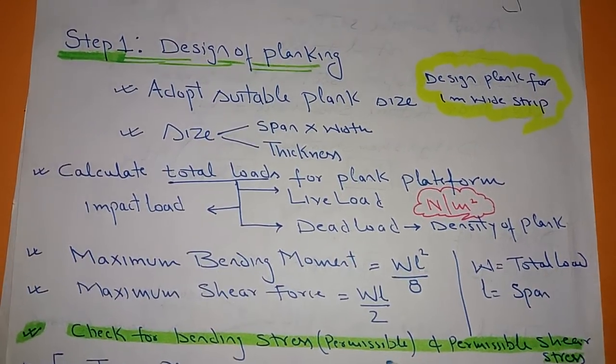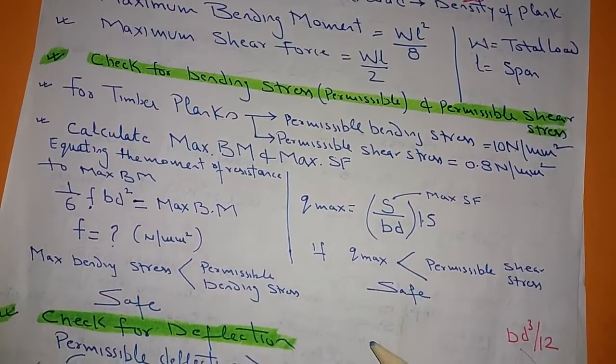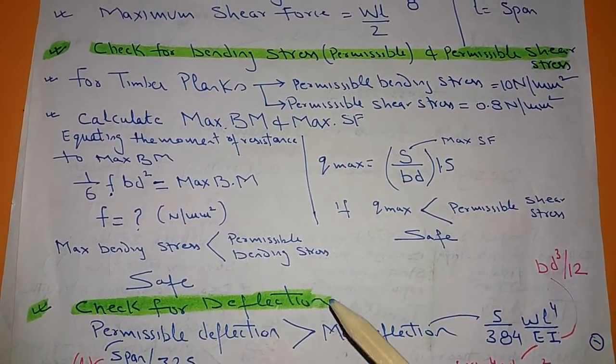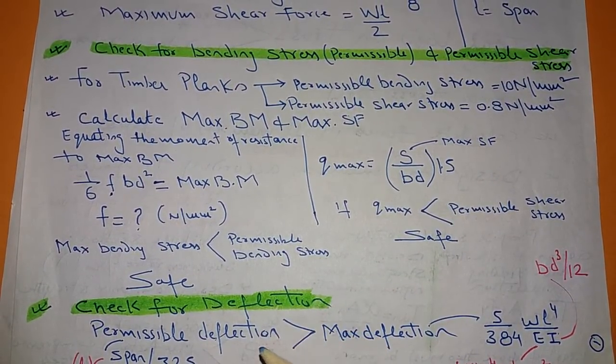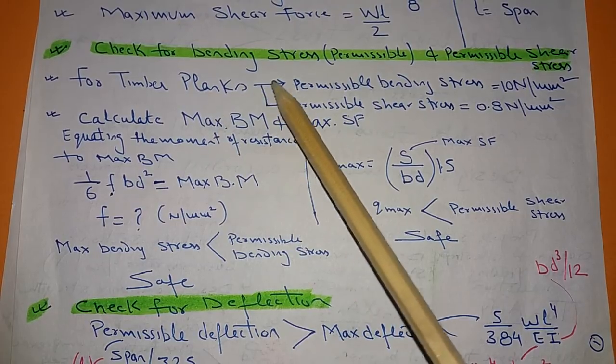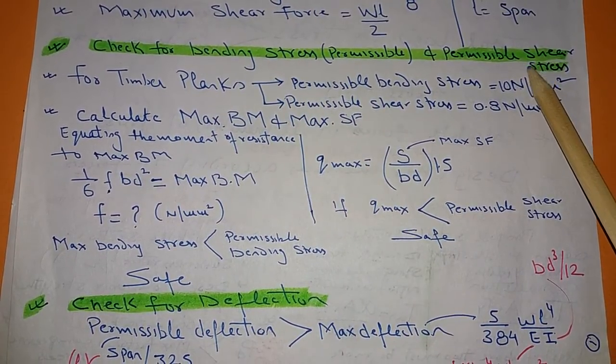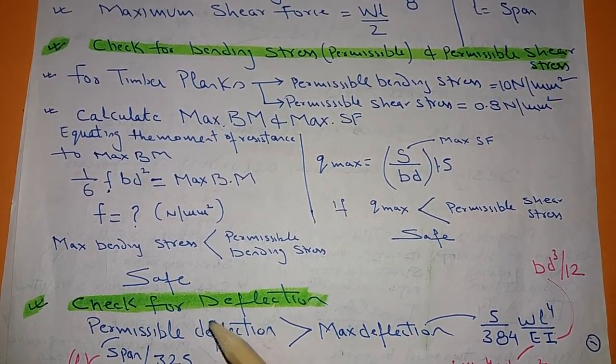Now move further. You have to go for 3 checks. One is bending stress, then second is permissible shear stress, and third is deflection.